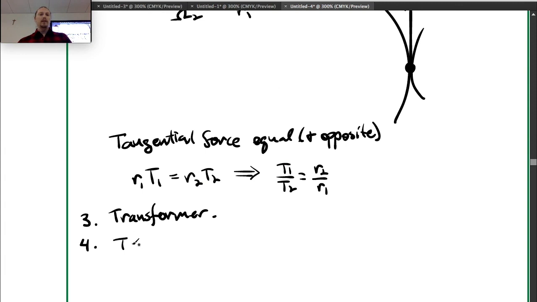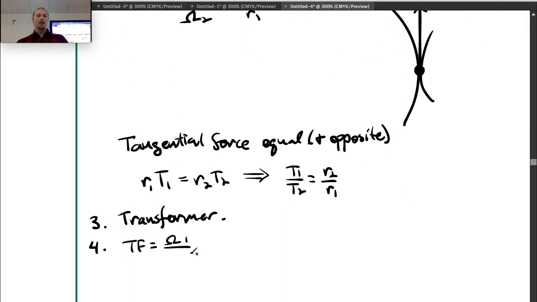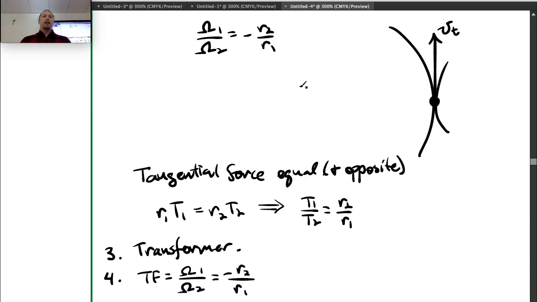So TF equals omega 1 over omega 2, which is equal to negative R2 over R1 from this expression. And that is our transformer ratio.